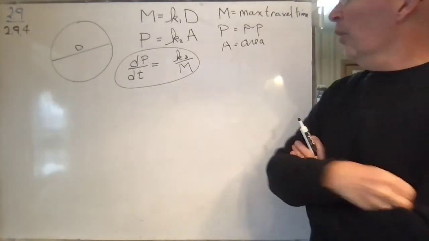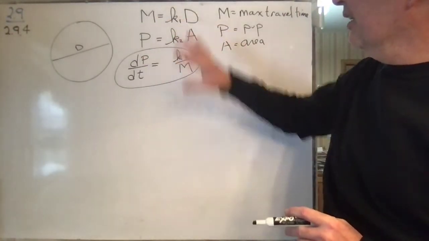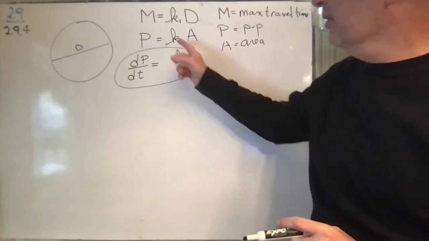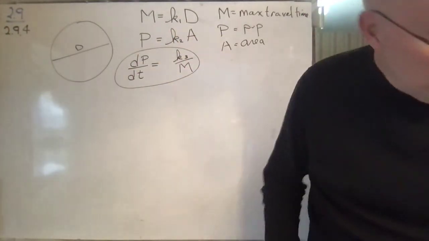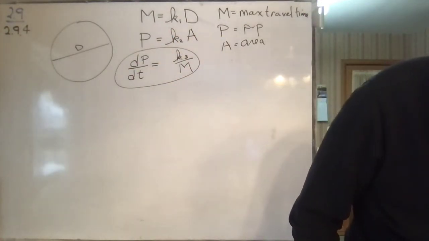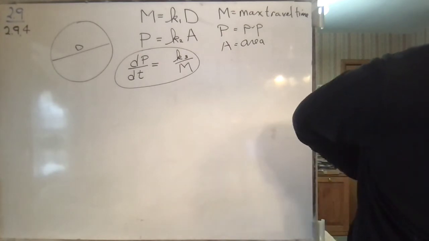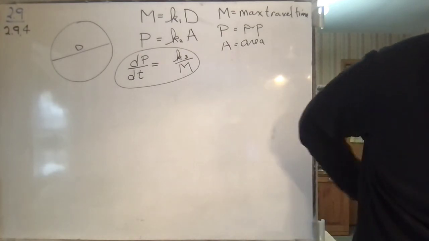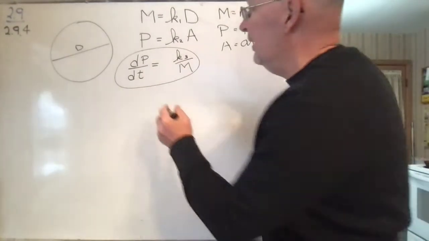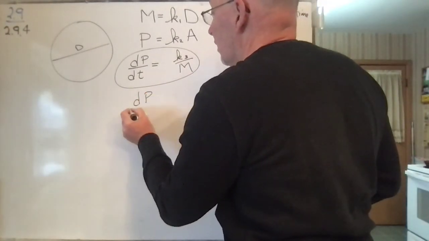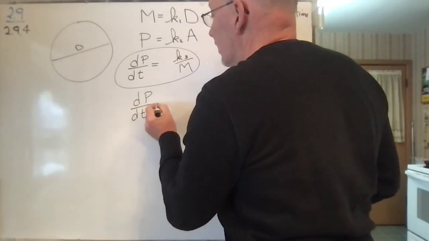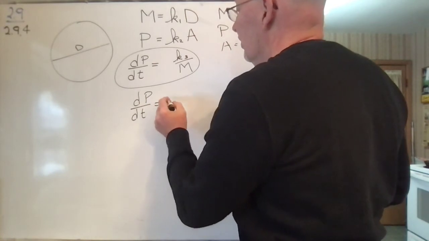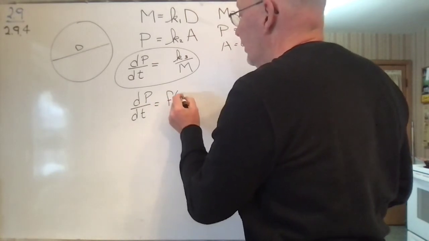So the point is, once you have those three things, then you want to get one equation. In fact, what do I say? I say use the assumptions to find a differential equation of the form dp/dt is equal to some function just of p.